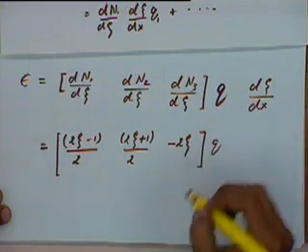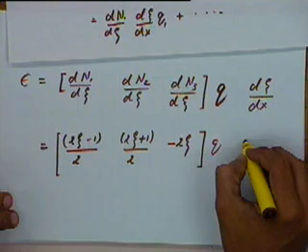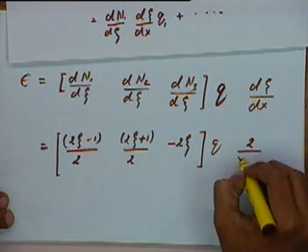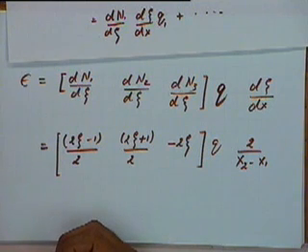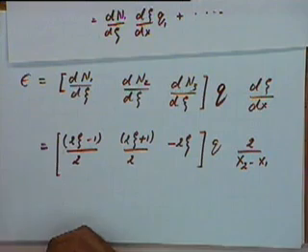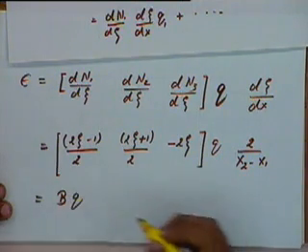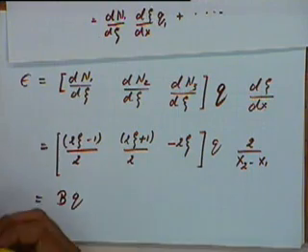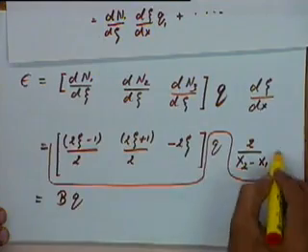This multiplied by q, and d zeta by dx will come out to be 2 divided by x2 minus x1. So again we will write that this will be equal to B times q, where B is this matrix multiplied by this constant.